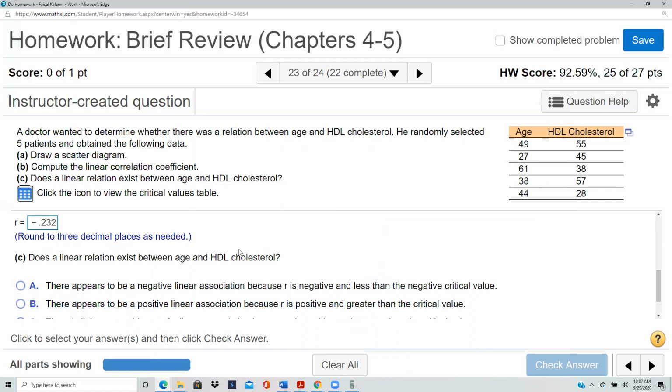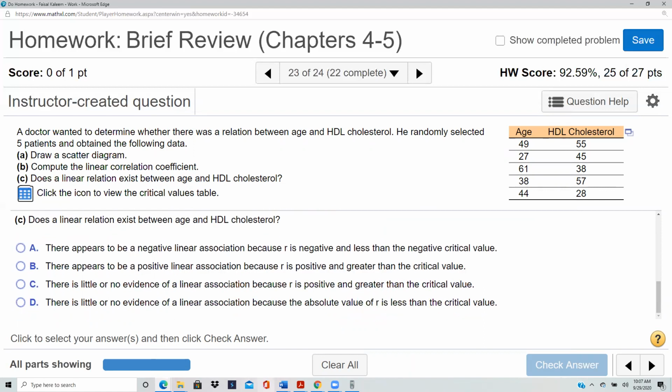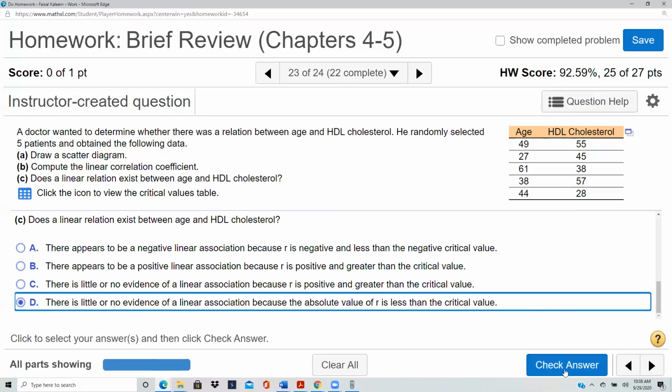So no, which one? Would it be D? There is little or no evidence because the absolute R is less than the critical value. Yeah.